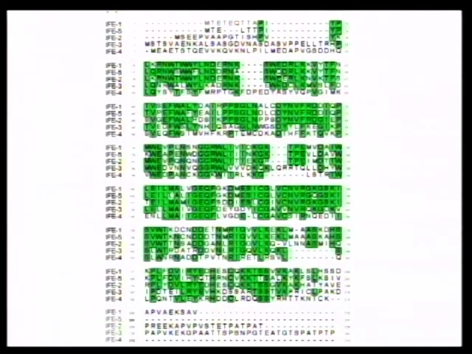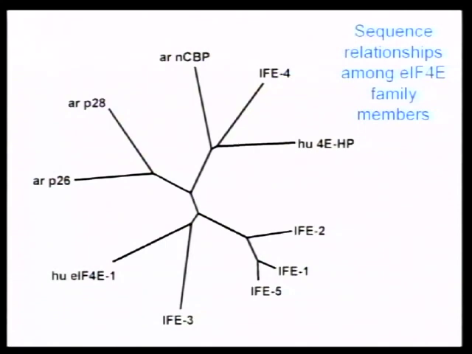So we have just started now going through each of the 4Es to understand why we have that number and what they do. When you look at sequence similarity, C. elegans was the first, but now we're starting to find multiple 4Es in Arabidopsis and in humans, and actually every eukaryote except Saccharomyces has got multiple 4Es.